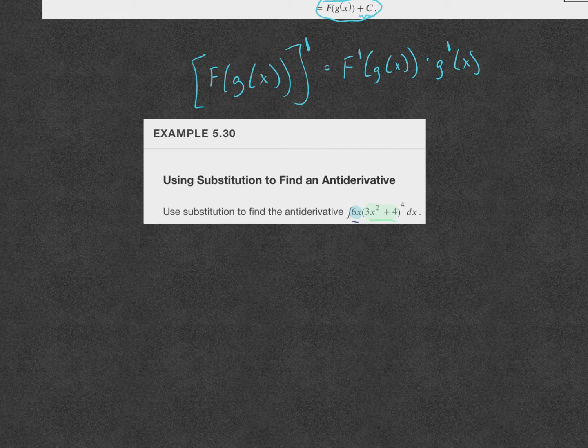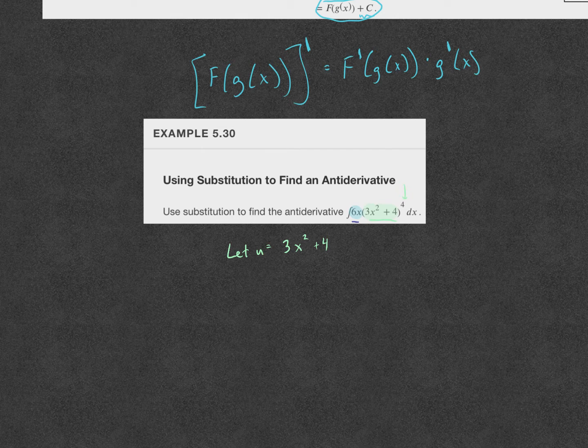So to evaluate this antiderivative, we're going to say let u, we're going to introduce this u function, equal 3x squared plus 4. U is the thing that I see its derivative inside of that as the other term. It's also the thing that has the challenging algebra. It's that thing to the 4th power.